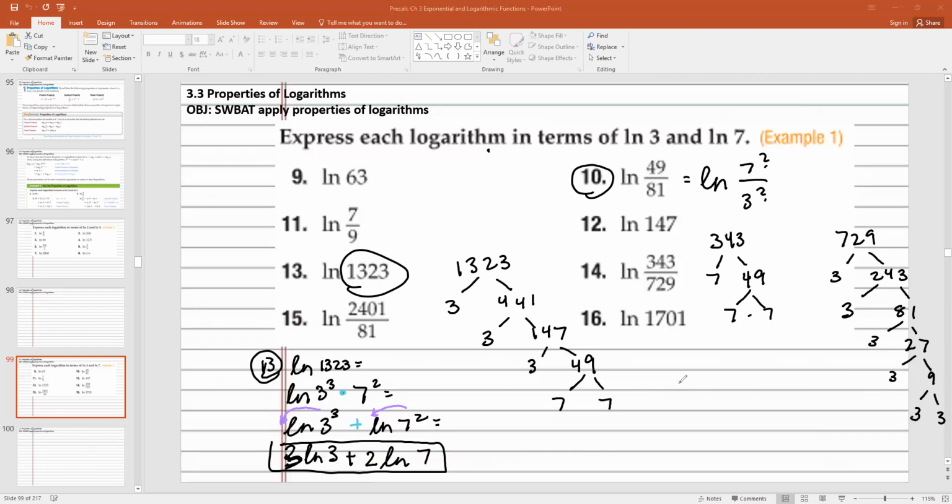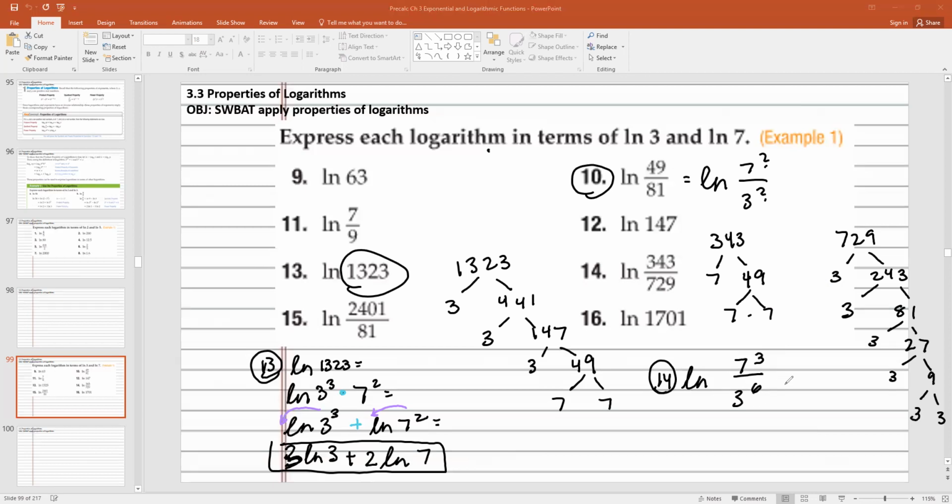I have 14 natural log of 7 cubed over 3 to the 6.